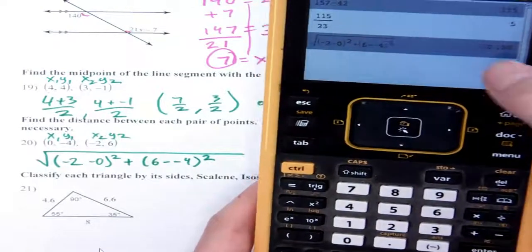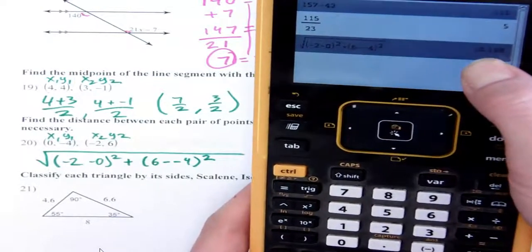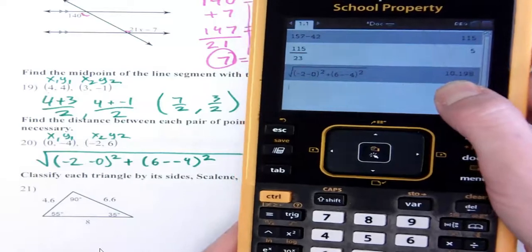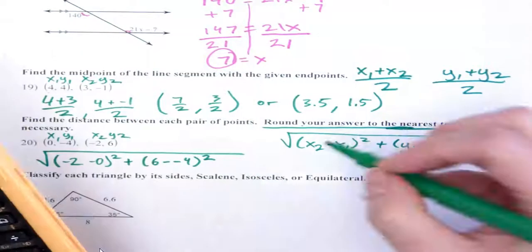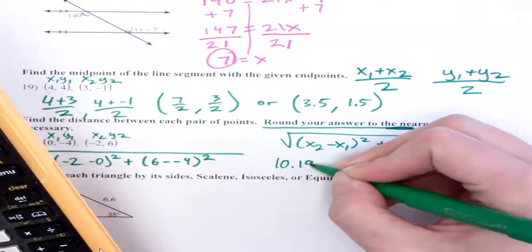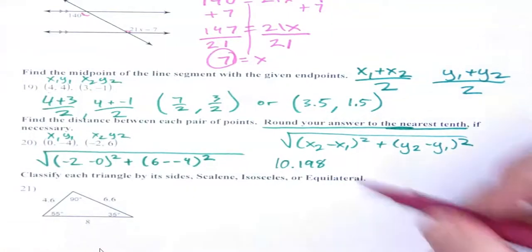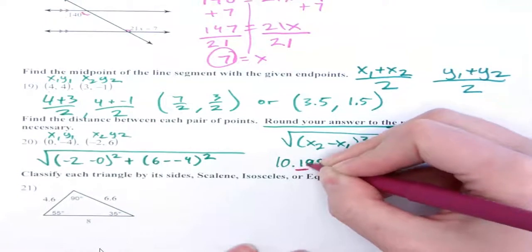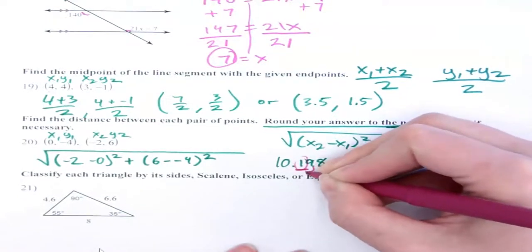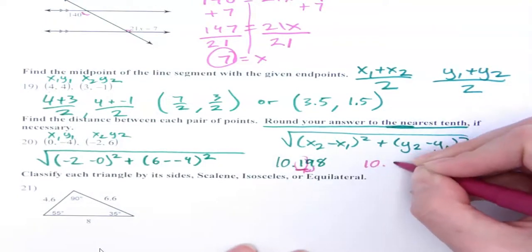Push enter and it gives it to me as 10.198 when I've entered it all in the calculator. It wants me to do the nearest tenth, so nearest tenth is this spot right here, and so the 9 makes it go up, so my answer is 10.2.